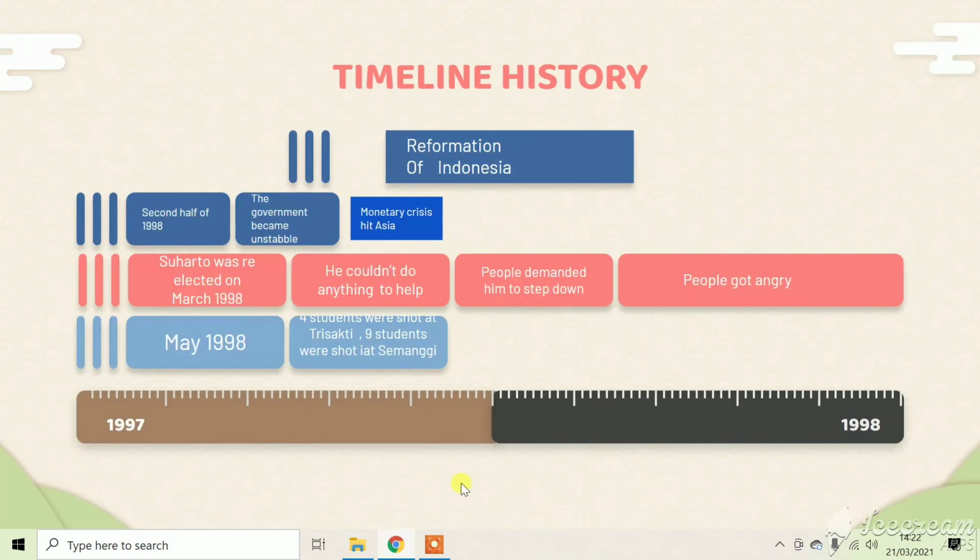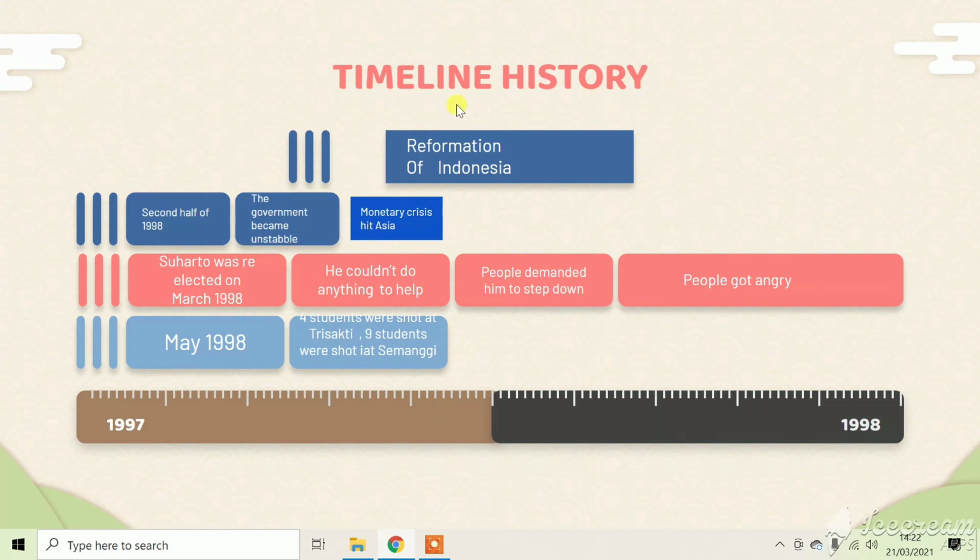Well, it is a timeline of a historical recount text that we talked about on the previous slide. It is the Reformation of Indonesia. I put it in a timeline, so each student also has to try to put the events that I would like to give you later, the historical recount text, of course, in a timeline like this.